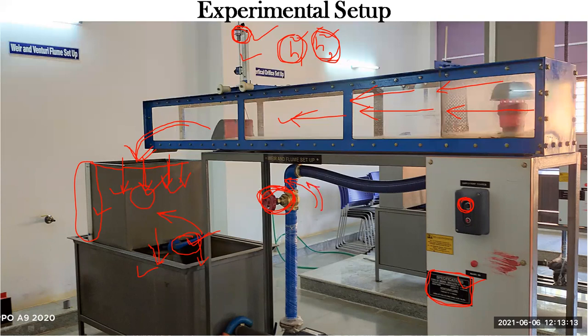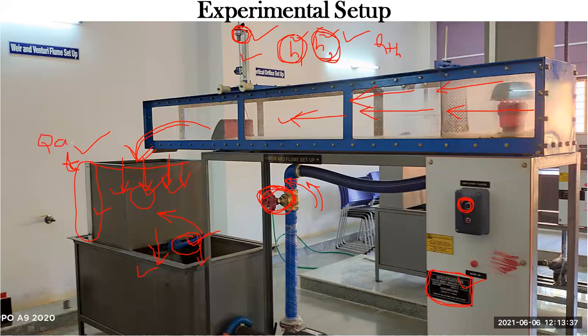Once you get those values H1 and H2 and the time, you are going to calculate the theoretical discharge from H1 and H2, and the actual discharge from the time taken and the rise of water. Once you get the theoretical and the actual discharge, you are going to calculate the coefficient of discharge.